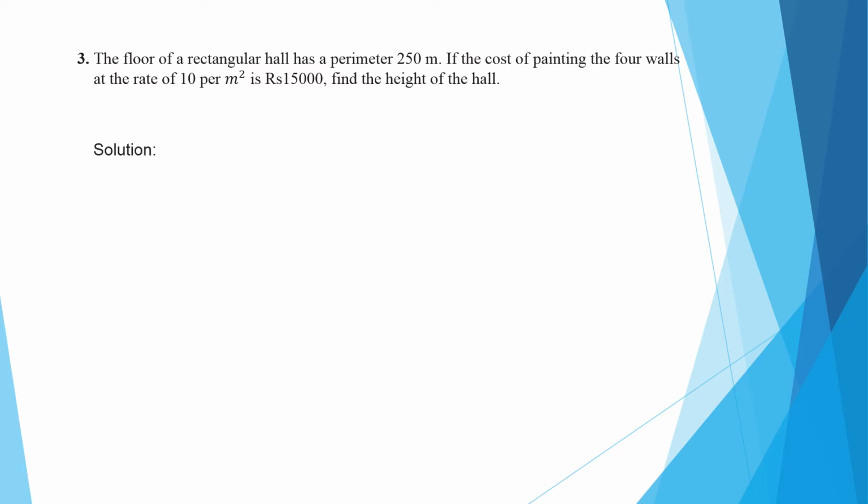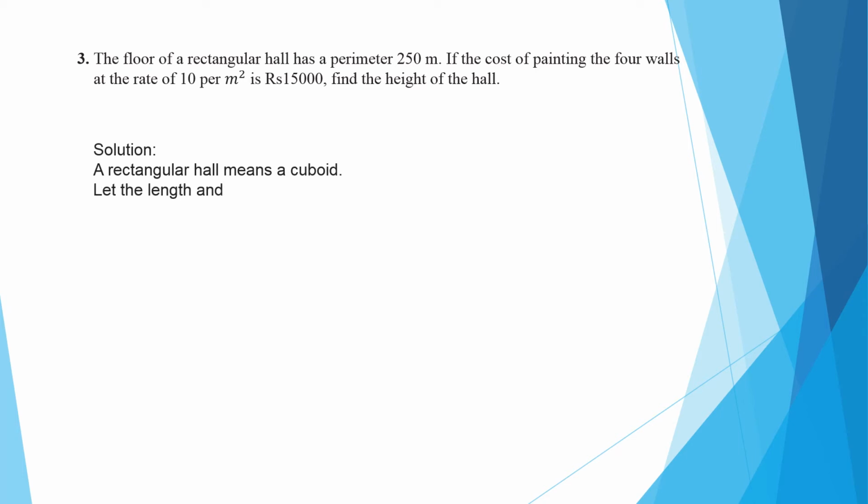The question is clear. The floor of a rectangular hall has a perimeter 250 and the cost of painting 4 walls at the rate of rupees 10 per meter square is rupees 15,000. Total cost is already given. So a rectangular hall means a cuboid.